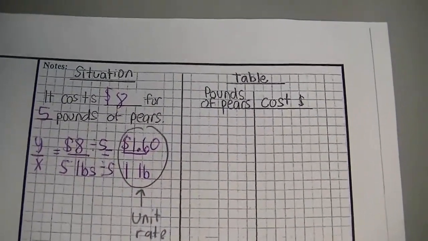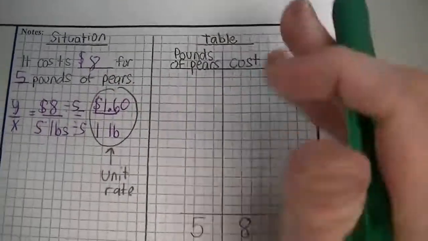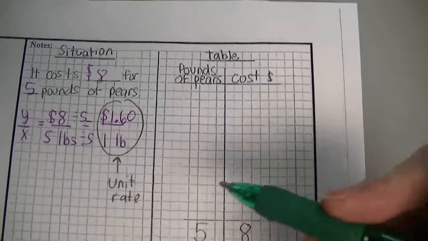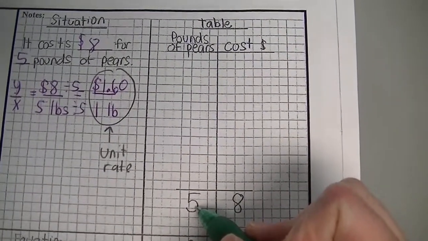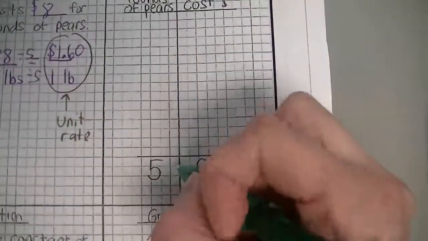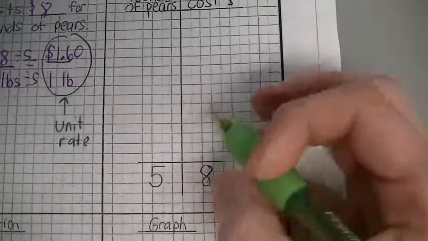Now, I think it would make sense for me to fill out the table. I think that's the next easiest step after getting the situation figured out. I know that I went 5 times $1.60 to get to that 8. Oh, that pen doesn't work.